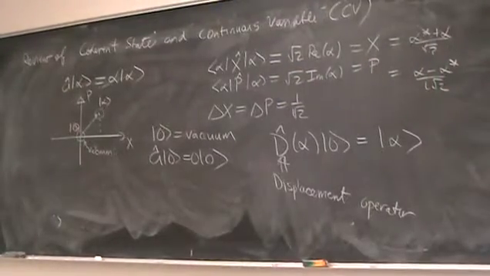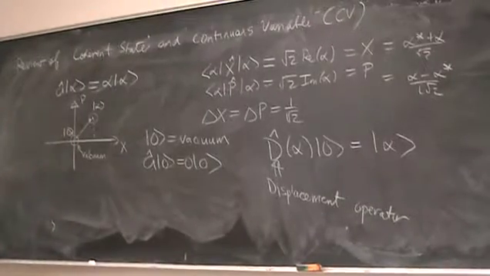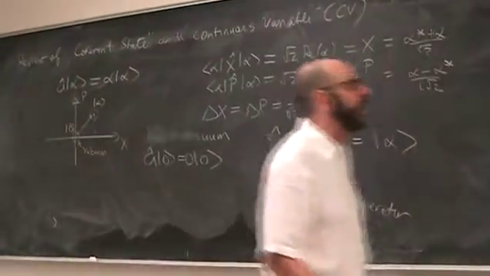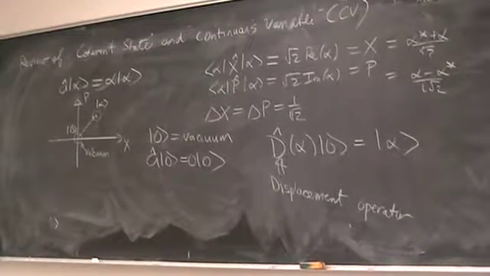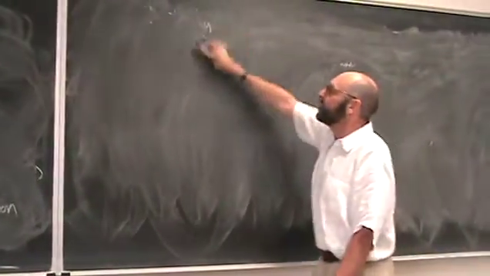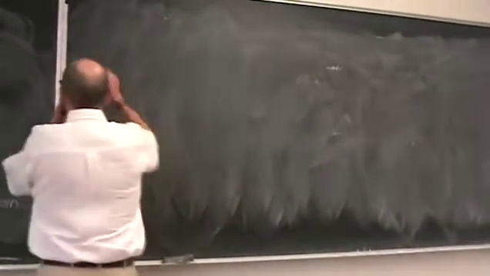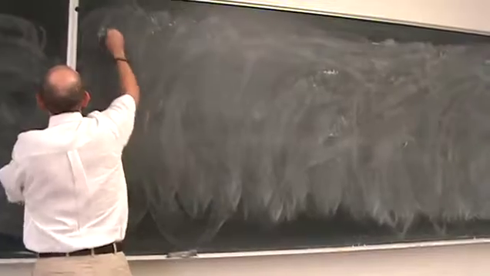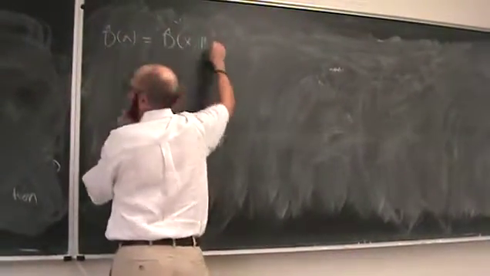Remember, of course, that the momentum operator is the generator of displacements in position, and the position operator is the generator of displacements in momentum. So I can think about D of alpha as a function of those two variables, this xp coordinate here.